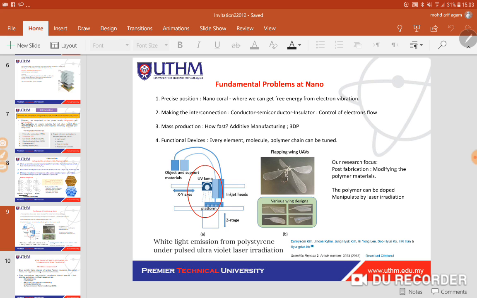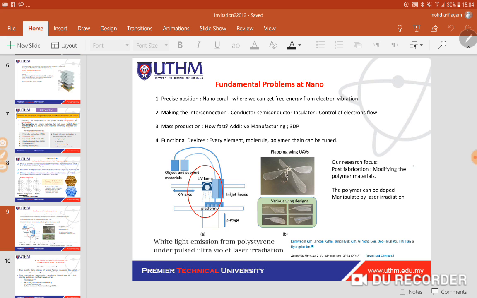If you can't mass produce it, it will be a drawback for your research. And the fourth is functional devices, meaning that imagine that every particular change in the molecule can be used for certain types of purposes, such as you can turn it into diodes or something like that.